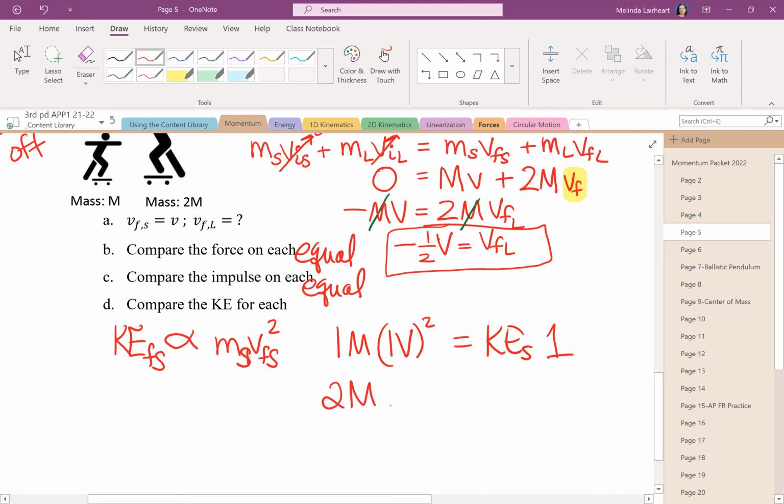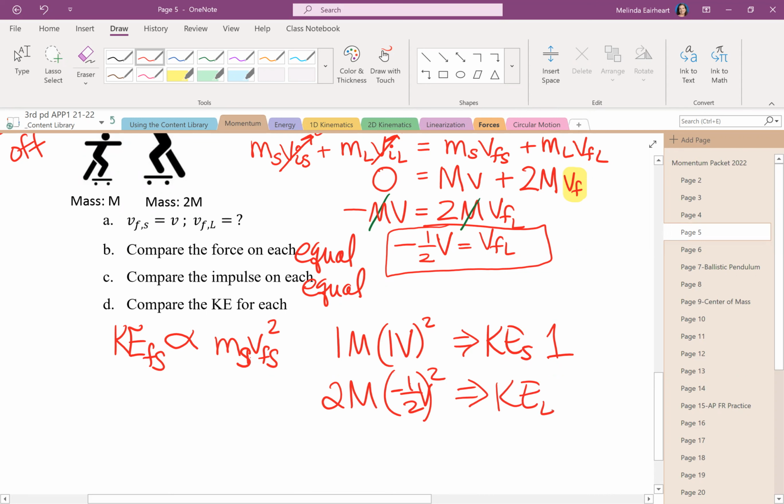It would be 2m, and what was its speed? Velocity? No, kinetic speed. 1/2, yeah, it was negative, but you're about to square it. What's the kinetic energy of the large?